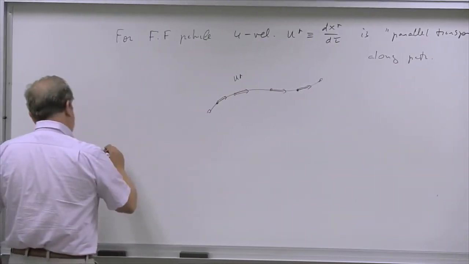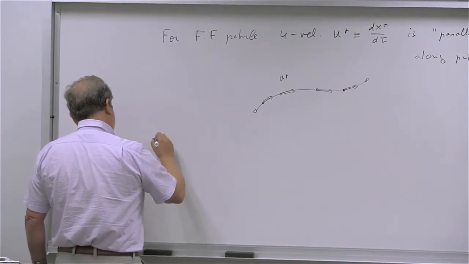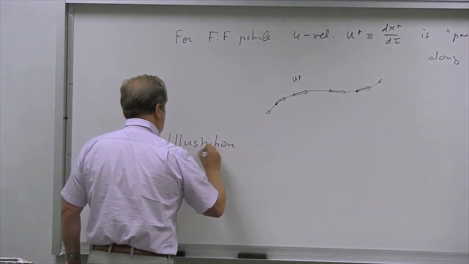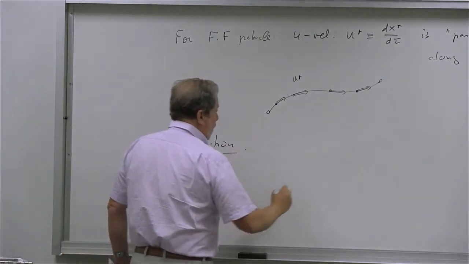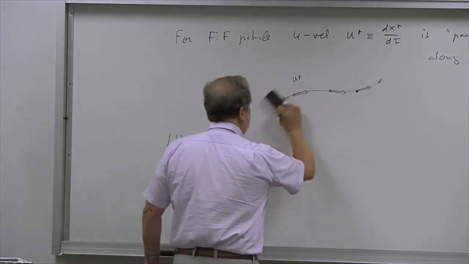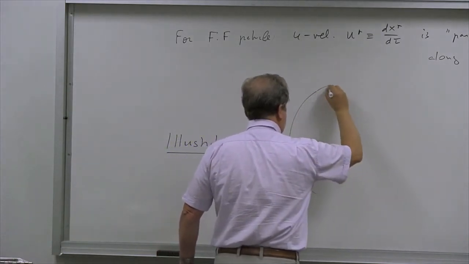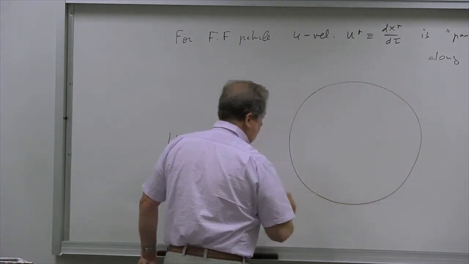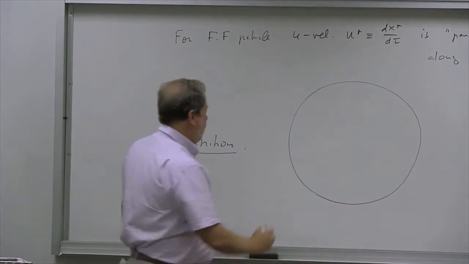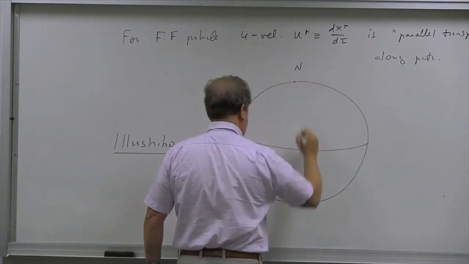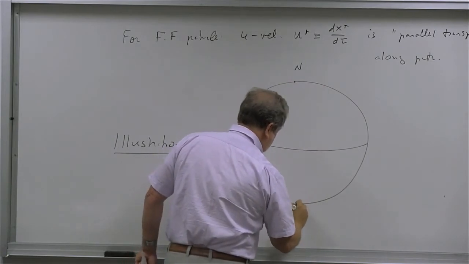And so let's look at an illustration of parallel transport. Where we have, so let me delete that. And so let me look at a sphere. And in fact, it will be easiest to just visualize what happens on Earth when you do this kind of parallel transport. So here you have north and south, right?